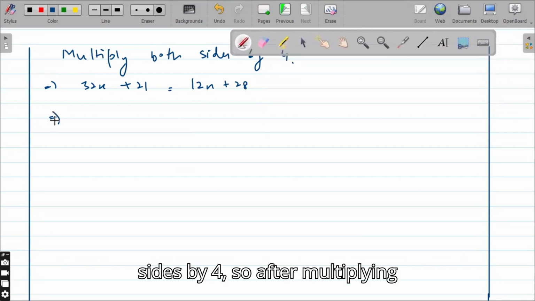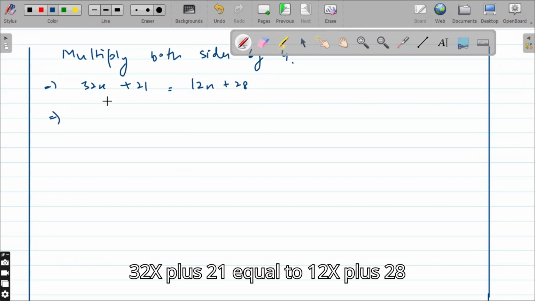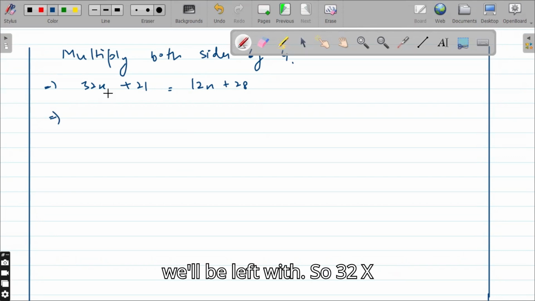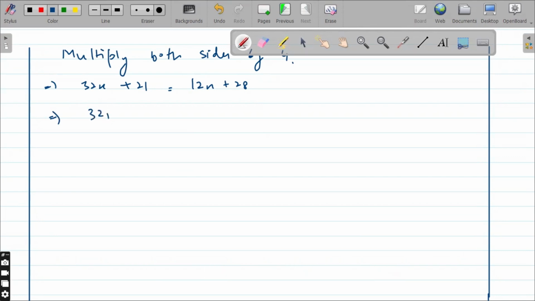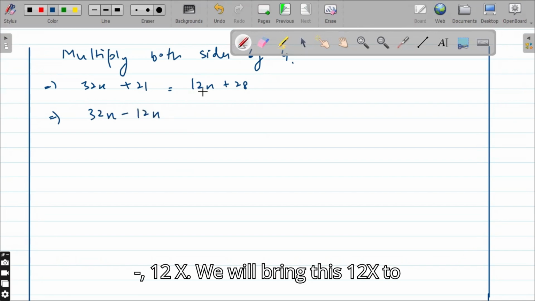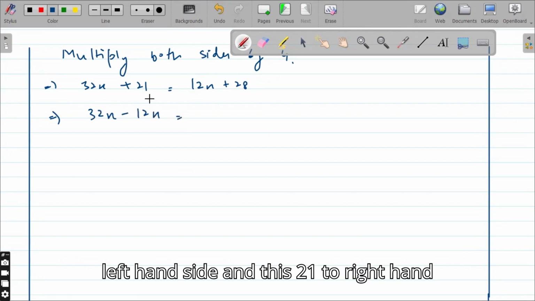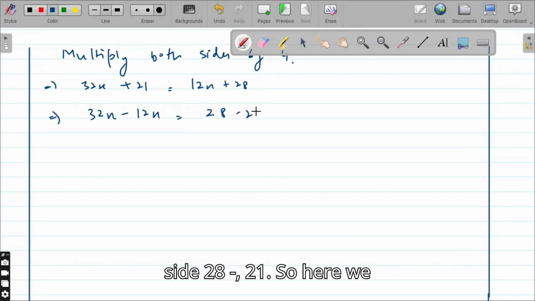So after multiplying, 32x plus 21 equal to 12x plus 28, we will be left with 32x minus 12x. We will bring this 12x to left hand side and this 21 to right hand side, 28 minus 21.